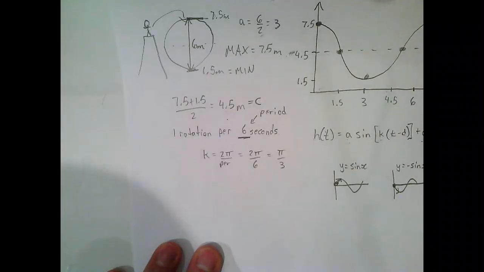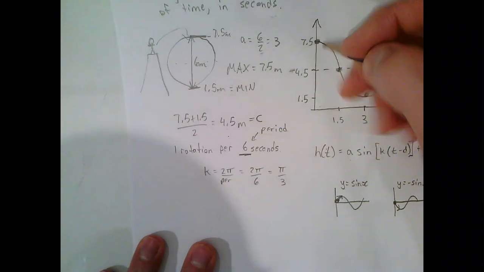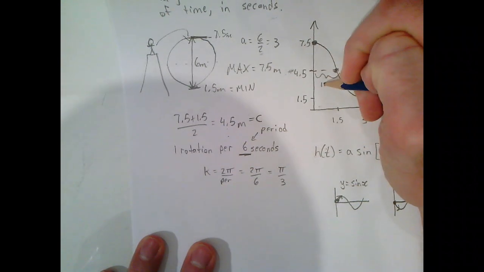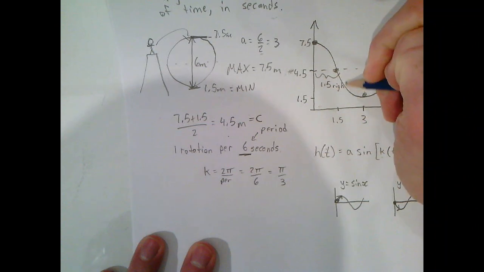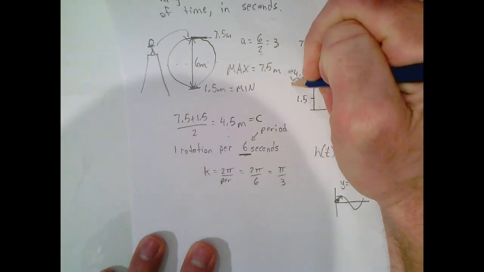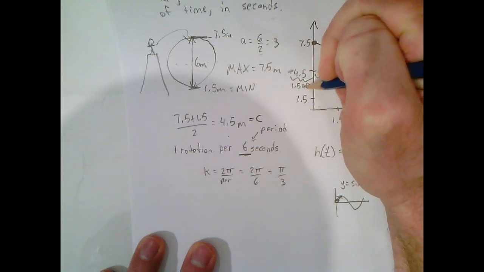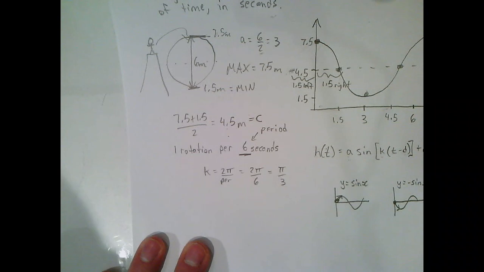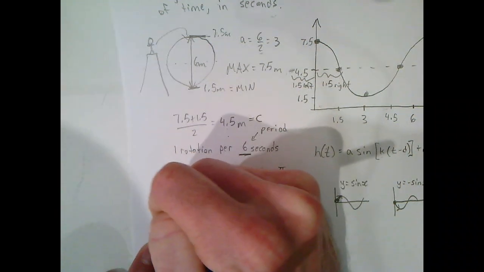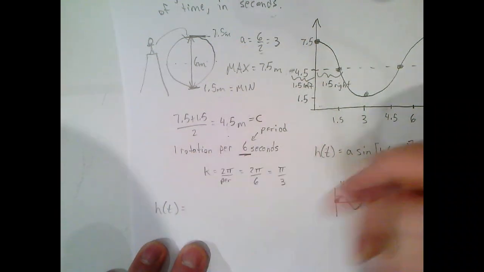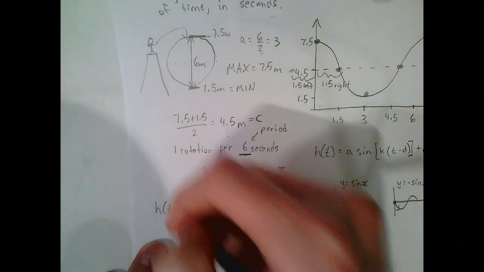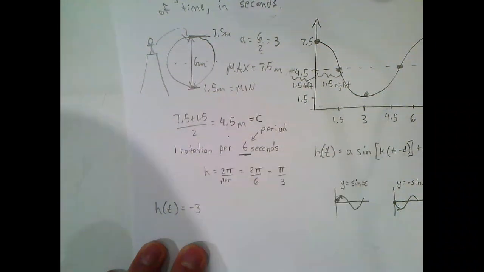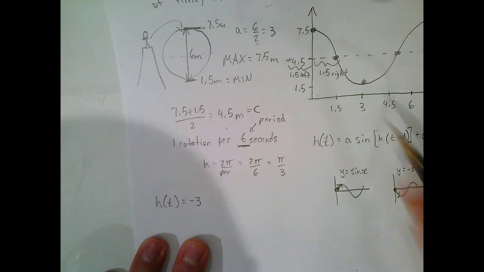Okay, so we can say this is 1.5 right, or we could say 1.5 left. And so as a result, we get that h at t is going to be equal to, let's do the one to the left first, because then it's not negative. I don't know if that really matters, but whatevs. So we've got -3, right? So it's a negative sign.